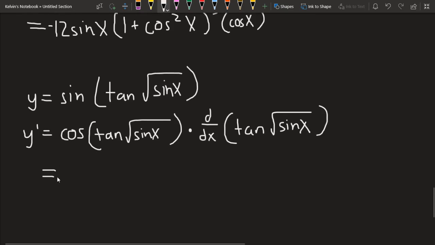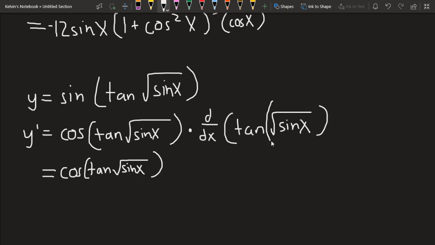So then if we were to find that, let's write this. So in order to find the derivative tangent of sine of x, because this is the same thing as tangent of sine of x if you didn't know, we'd have to use the chain rule again. So we have to find the derivative of tangent, and the derivative of tangent is just secant squared of x.